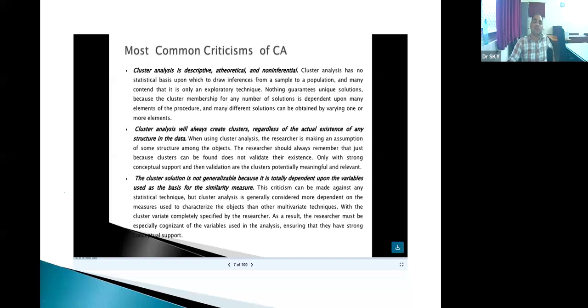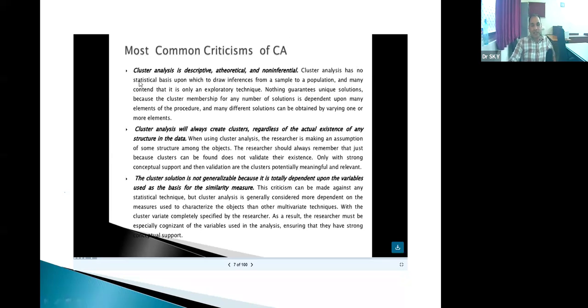Because most of the time academicians say that this is descriptive, there is no theoretical ground for making the clusters. So sometimes it is known as atheoretical, and we cannot have a very good inference from this analysis.